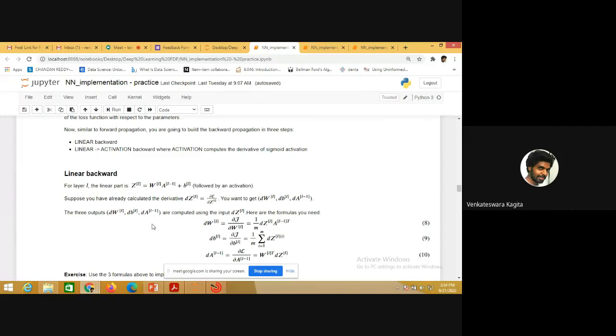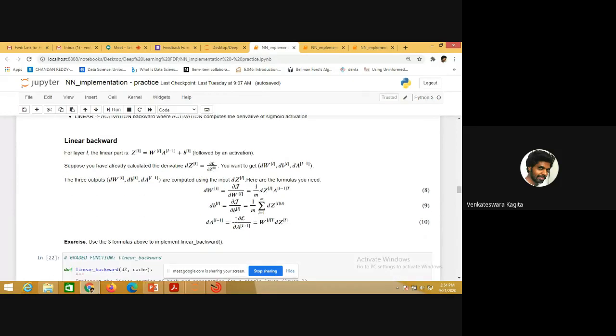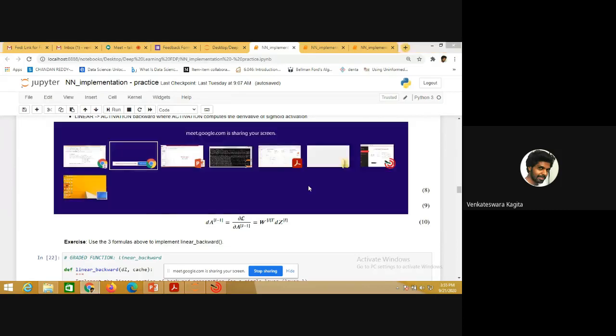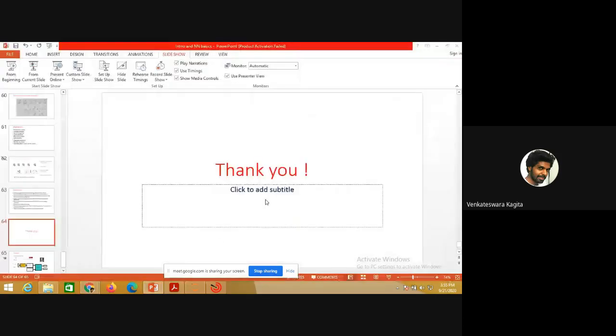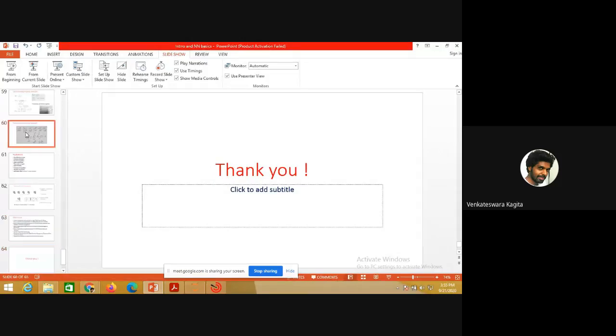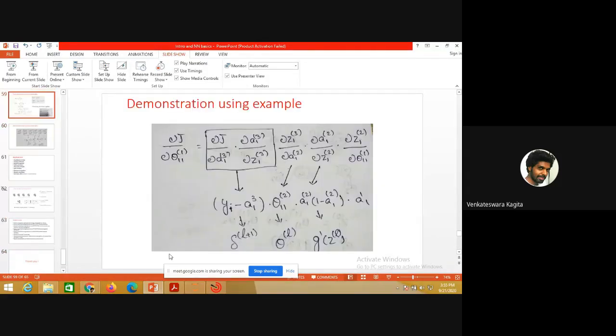What you finally have to compute is the derivative of J with respect to a particular parameter W. If you have dz, the derivative of J with respect to z, you can compute dW and db using this equation. We have seen this before; let me quickly show you.